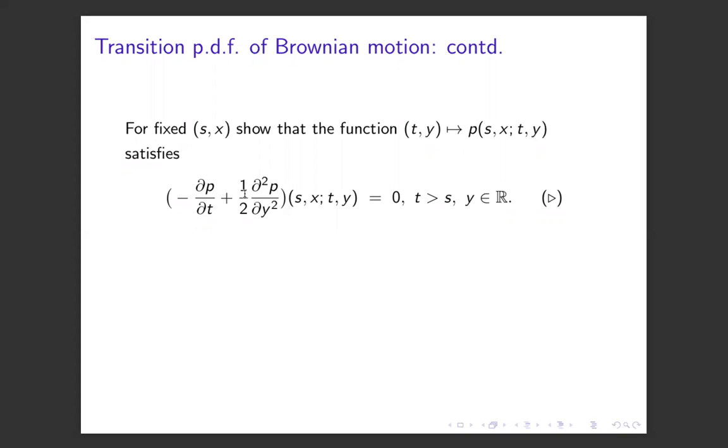So del p over del t is equal to half del squared p over del y squared is 0. Here s and x act as parameters. The equation is in the variables t and y. So this is a partial differential equation.